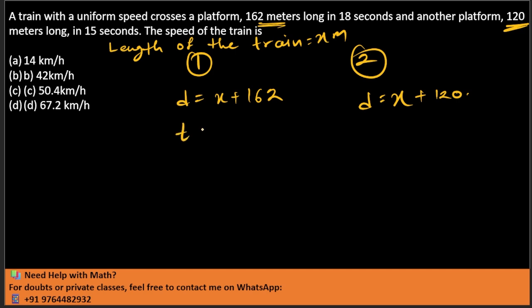Here it takes 18 seconds and here it takes 15 seconds, and we need to find the speed of this train. So how to find it?